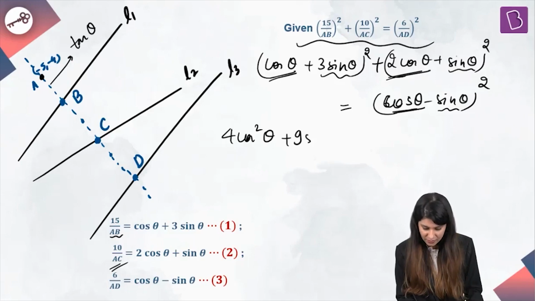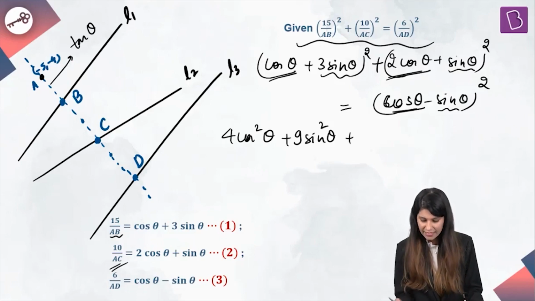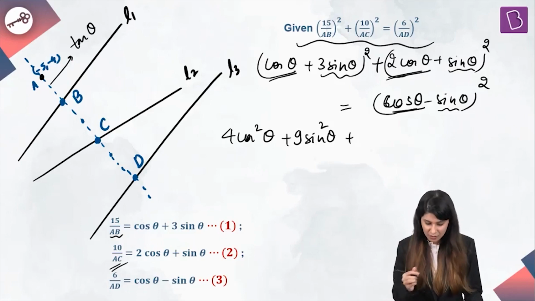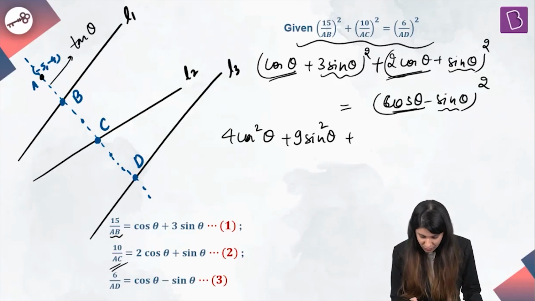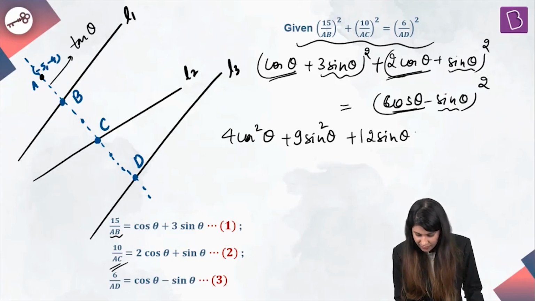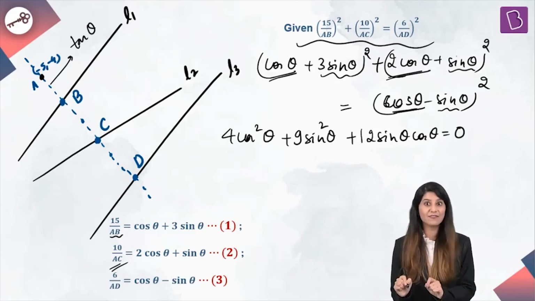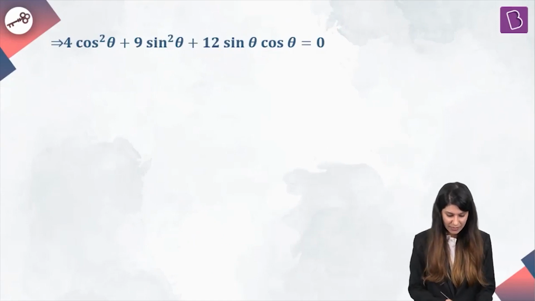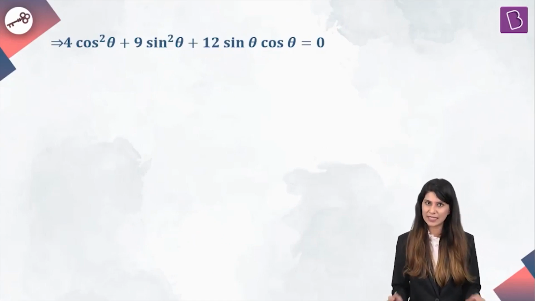So overall 9 sine square theta. And if you solve for the term related to sine theta cos theta, you'll be getting plus 12 sine theta cos theta equals to 0. This is the final equation: 4 cos square theta plus 9 sine square theta plus 12 sine theta cos theta equals to 0.